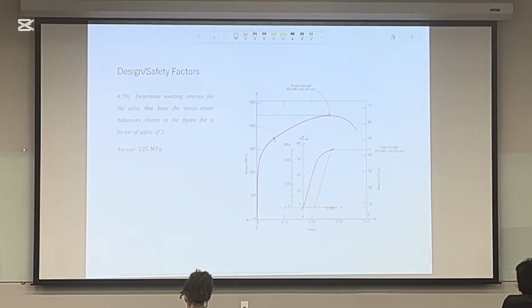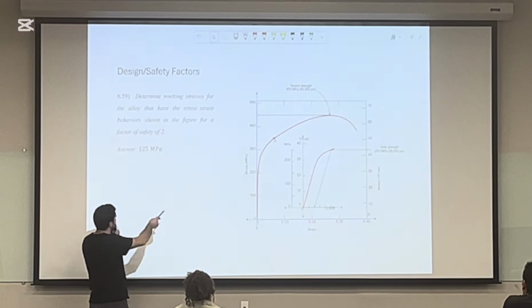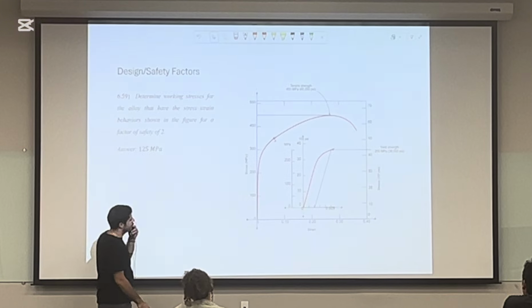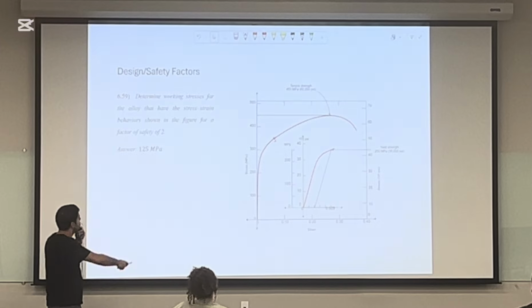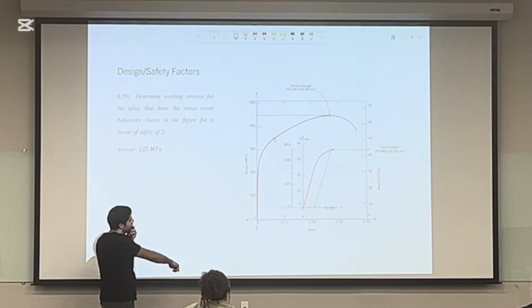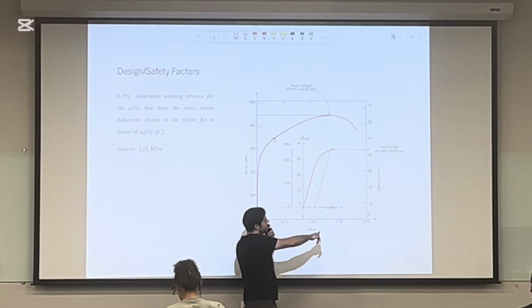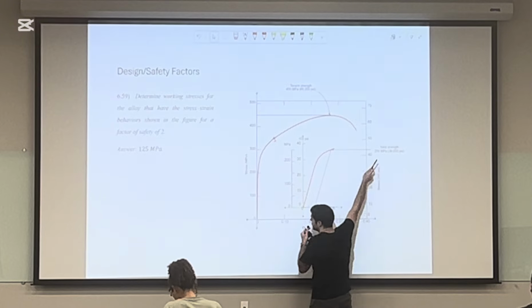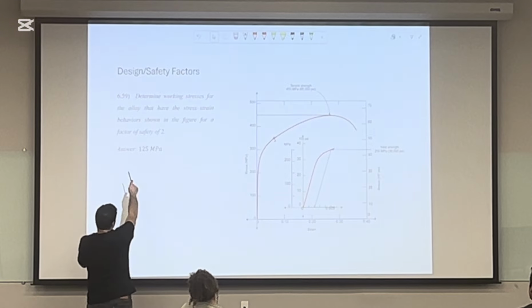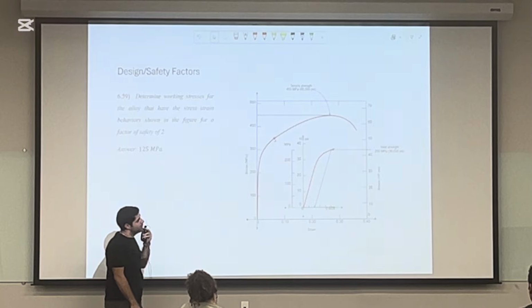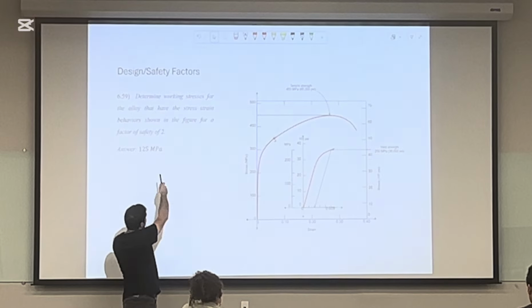Yeah, this is the last section of this chapter. It's about the safety factor. For example, for a safety factor of 2, the yield strength is 250 megapascal here, right? When we are asked to consider a safety factor of 2, it means we have to divide that by 2.